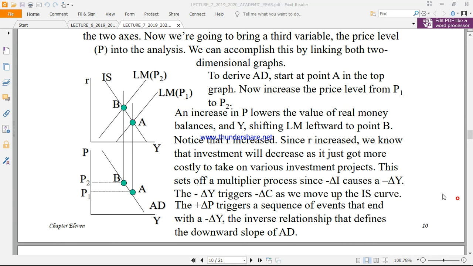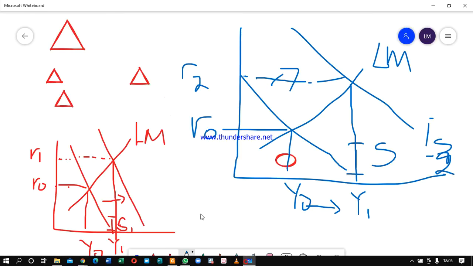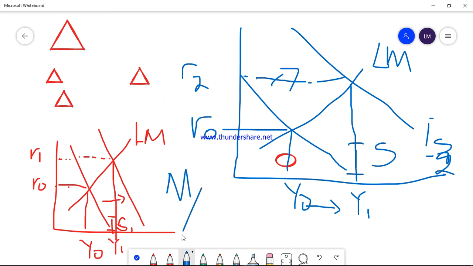M over P. Now that P has increased, we expect this whole thing to reduce, because money supply is fixed. The only thing that is changing in this case is the price level. So now that the price level has increased, we expect the real money balances, the purchasing power, to reduce.